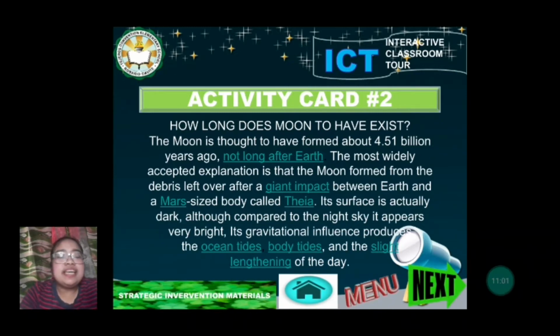Its surface is actually dark, although compared to the night sky, it appears very bright. Its gravitational influence produces the ocean tides, body tides, and the slight lengthening of the day.